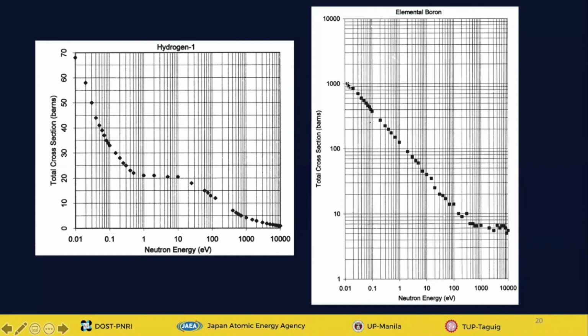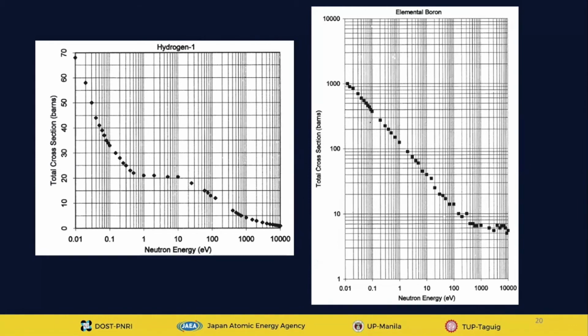In boron, that would be in the range of 0.01 to around 100 or so electron volts. And we expect other materials to also show the same relationship.